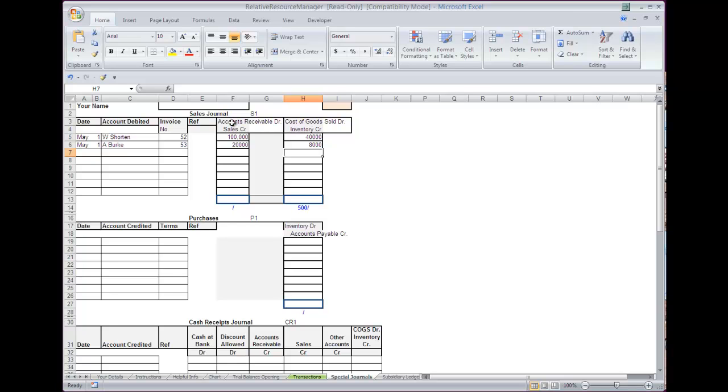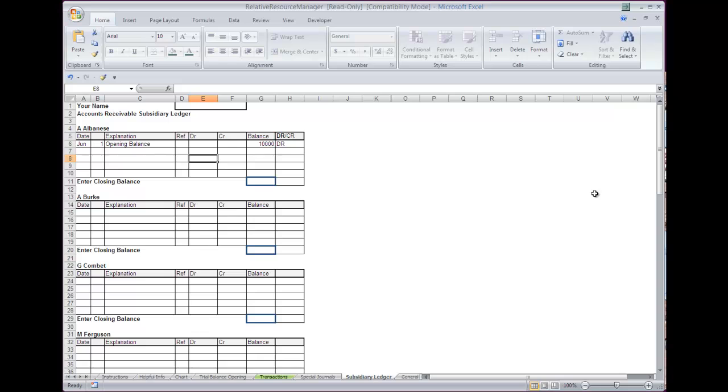Now, there's some other things you'll remember. If we bring to account a credit sale, therefore we must also make an adjustment to the accounts receivable subsidiary ledger. So here, W shorten, we've made a sale of $100,000.